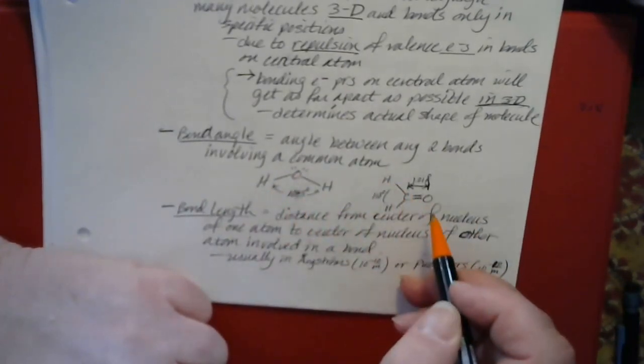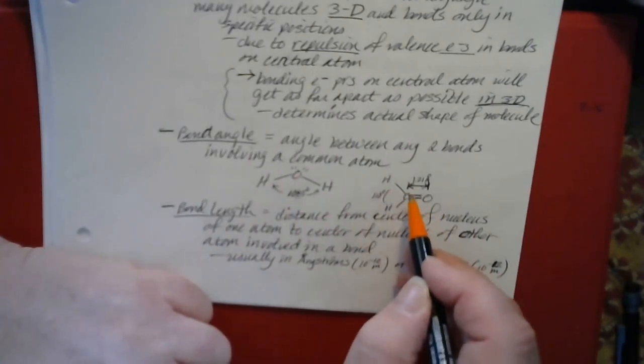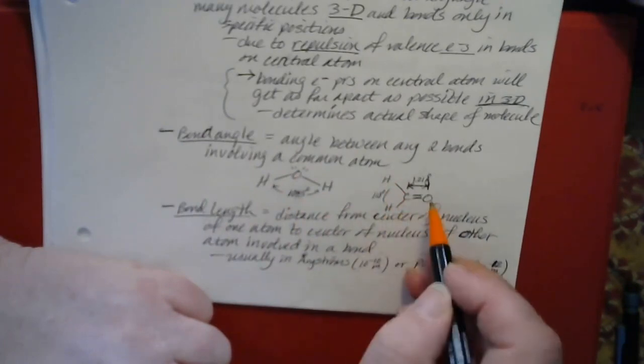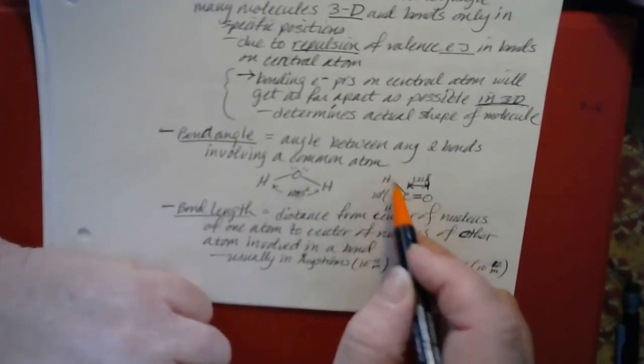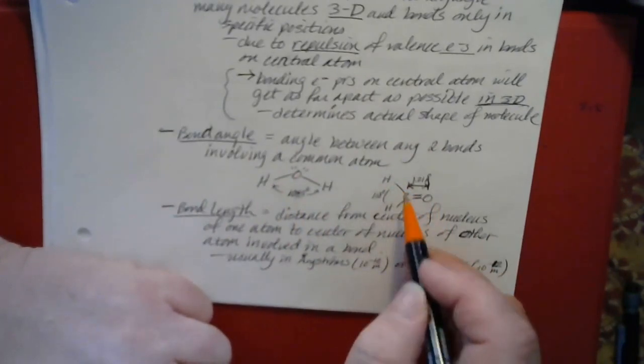And in formaldehyde, which has the formula CH2O, there is a carbon-oxygen double bond and also 2 carbon-hydrogen single bonds.